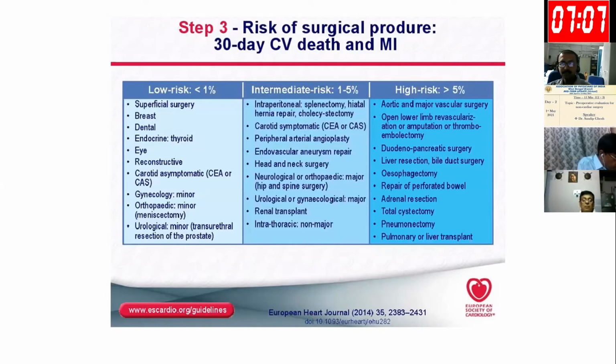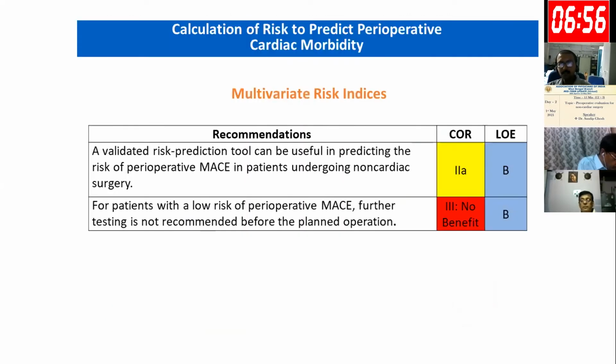There are various procedures. Superficial surgery has a low risk. Certain surgeries have an intermediate risk of 1 to 5%, and high risk surgery has a risk of more than 5%. To calculate the risk and predict perioperative cardiac morbidity, there are various risk factors and indices that predict perioperative MACE in patients undergoing non-cardiac surgical procedures, like the RCRI.